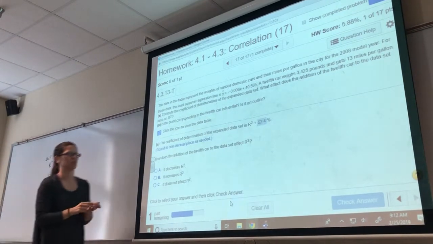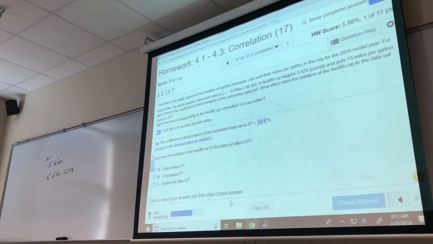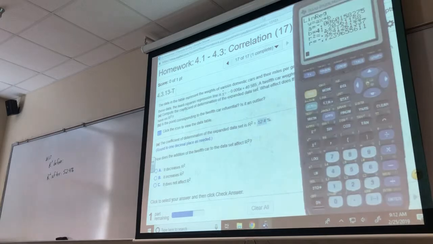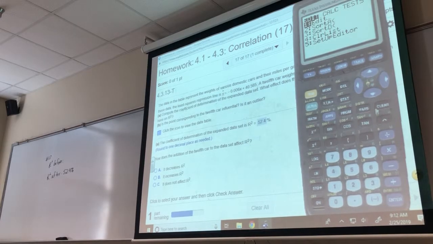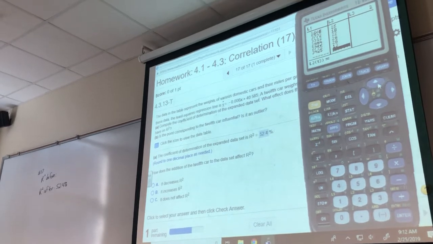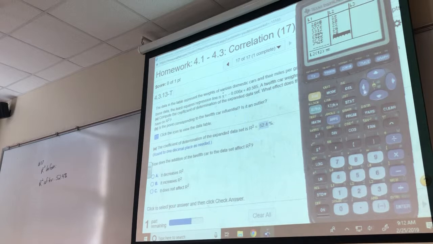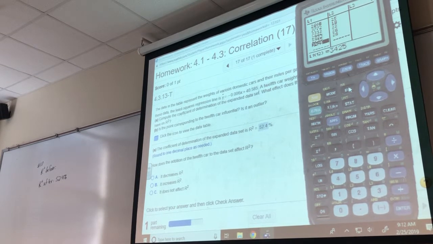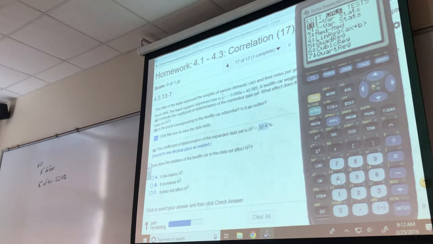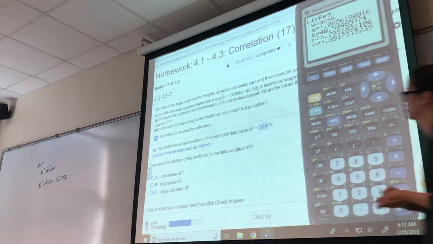So we have to figure out what R squared was before. I'm going to come in here to my lists and go down and delete that one out. Don't retype it, just highlight it and push delete, and come over here and push delete. Now if I do Stat, Calc, Linear Regression, I get my R squared is 79.5.